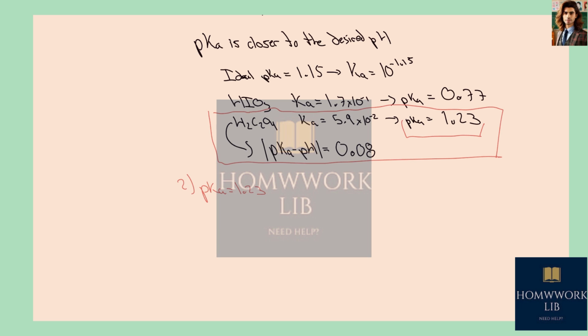And for question 3, we are asked to make a dilution in order to get a specific concentration. So we want to make 325 milliliters of a solution that is 0.223 molar in the acid that we chose in part A. But we only have a 1.6 molar solution.